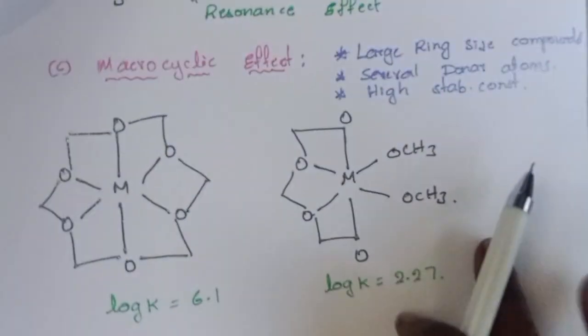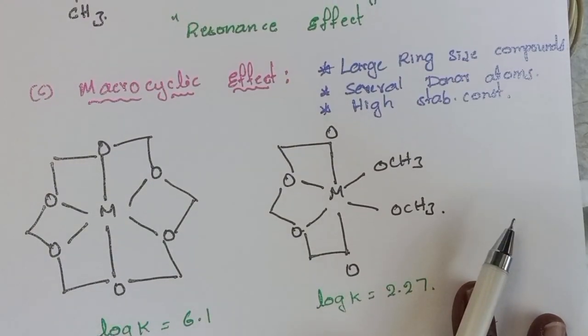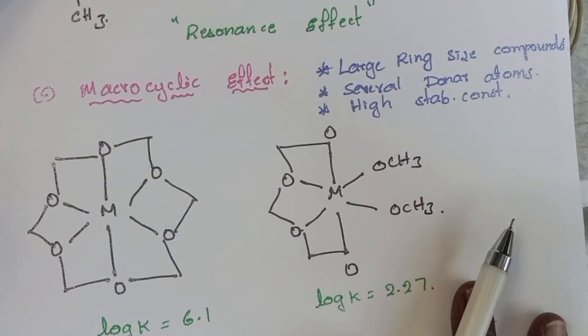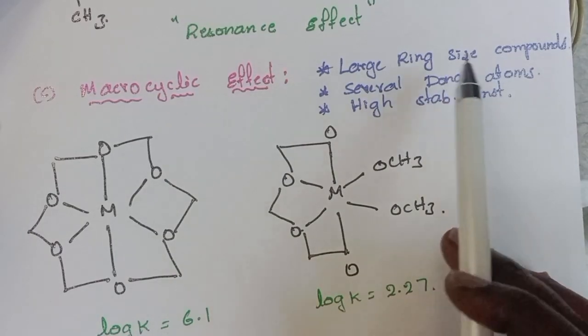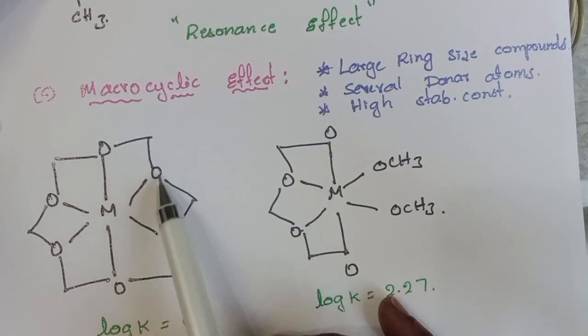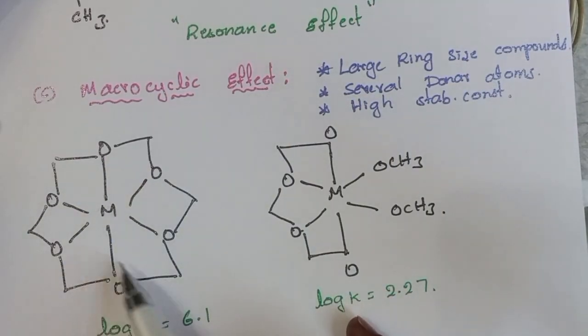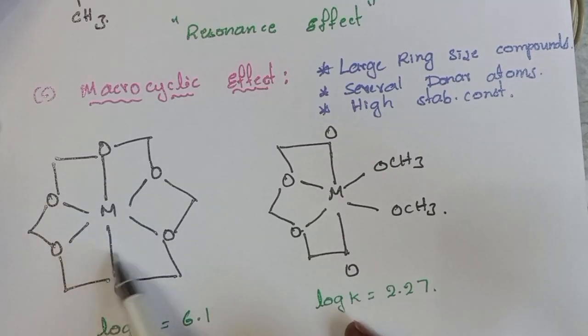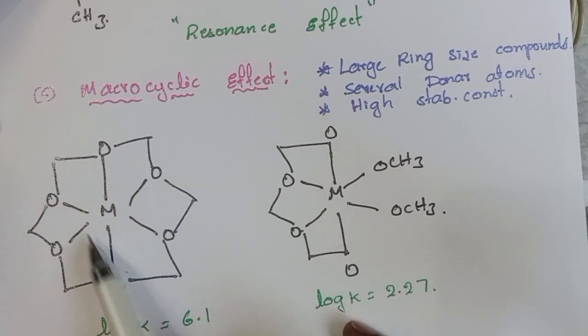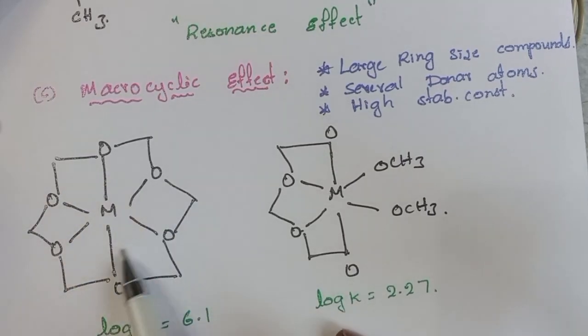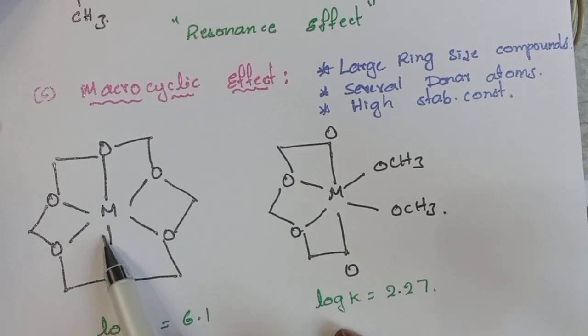Next factor is macrocyclic effect. So a macrocyclic ring is a large ring which has several donor atoms. So it can coordinate with all donor atoms around the metal ion, right? So it can form highly stable complexes.